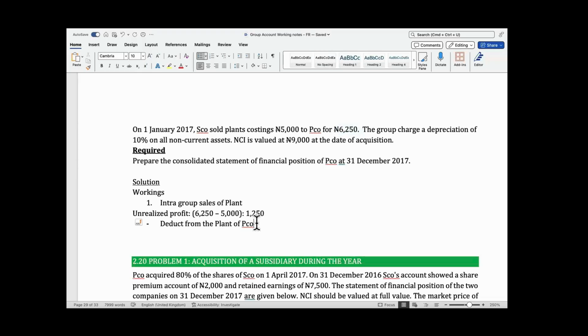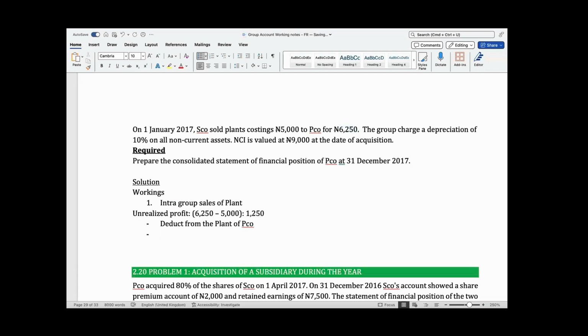Also, we'll deduct these unrealized profits from the retained earnings of ESCO. ESCO made the profit because it was the one that sold, so we are removing these unrealized profits from its retained earnings as well.